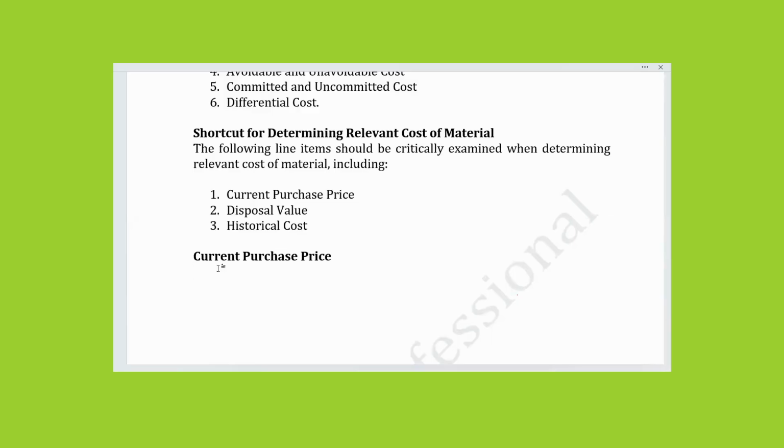The price at which the material is purchased in the market is what is known as current purchase price or replacement cost. So when you are determining relevant cost of material, if in the scenario the examiner tells you that the material is in frequent use and will be replaced, then you should know that the current purchase price should be considered.